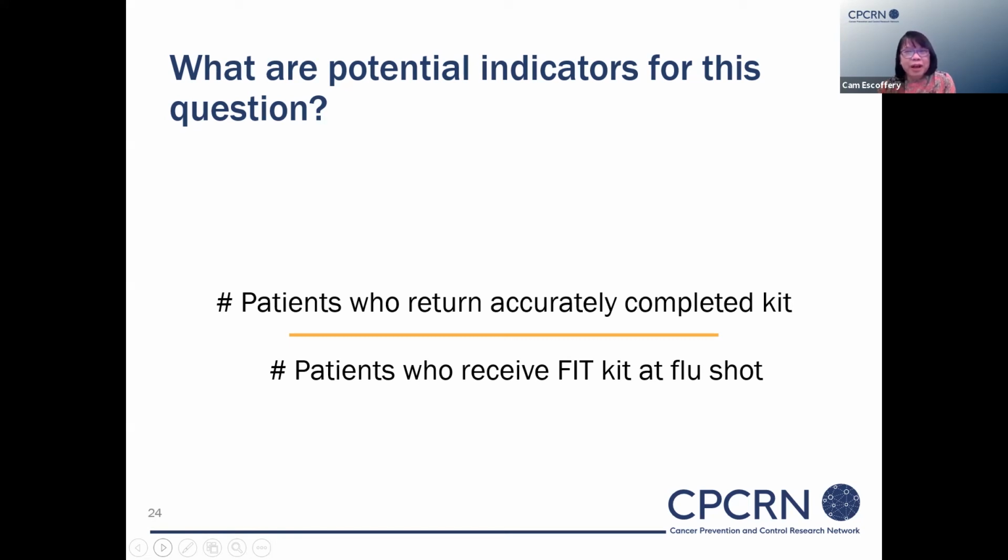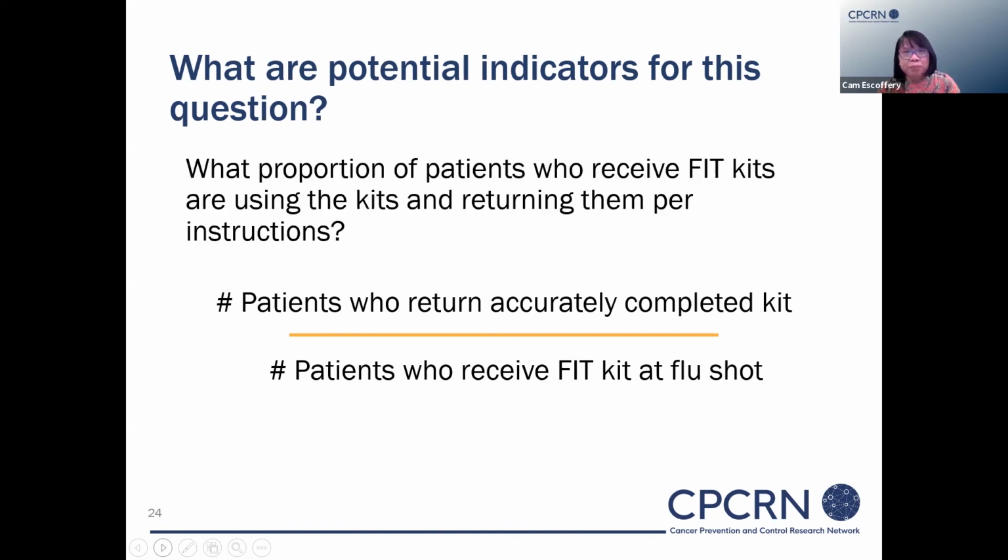And so you would have to have some good data tracking to be able to do this, whether it's in Excel or in your EMR system, if you're doing this program. So this is a question we have: what proportion of patients who receive the FIT kits are using the FIT kits and actually returning them per instruction?